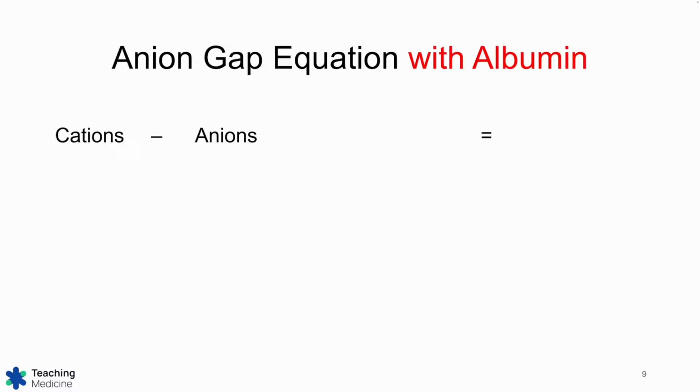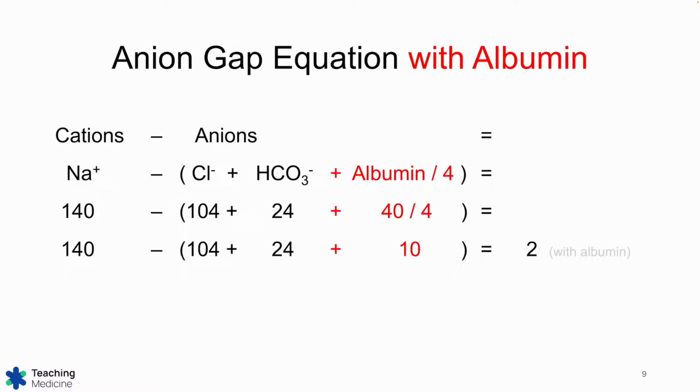So this is your anion gap equation with albumin. And you can see that it doesn't come out to exactly 0, but we're pretty close. And remember, we've rounded off, we've dropped some of the cations and anions. So if we were to do the math with albumin, we would come out pretty close to 0, at a value of 2. So we're just going to say we accept that. That's close enough for now.